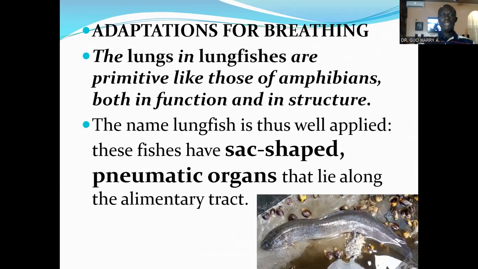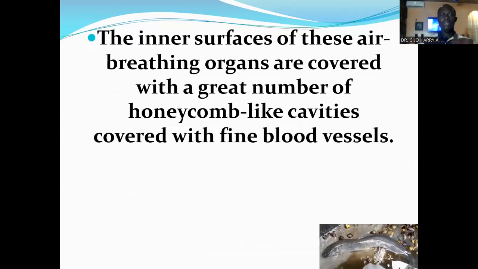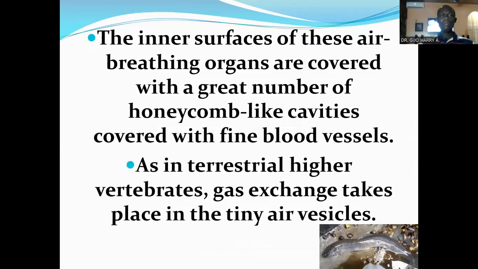The lungfish would have to come out to breathe atmospheric air on the surface of the water, instead of dissolved oxygen. The inner surfaces of these air-breathing organs are covered with a great number of honeycomb-like cavities covered with fine blood vessels. As in terrestrial higher vertebrates, gas exchange takes place in the tiny air vesicles. So gaseous exchange takes place in the lungs.